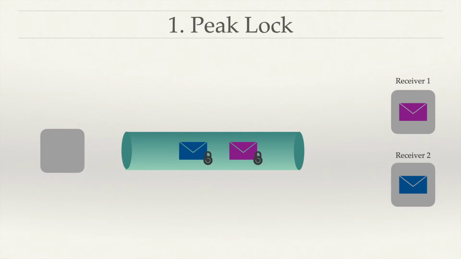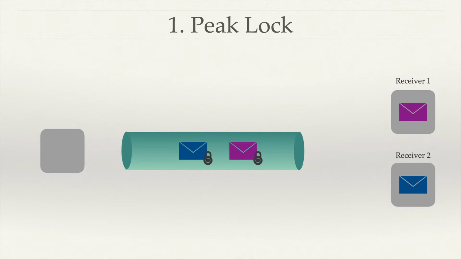Meanwhile, it is processing. So in case anything goes wrong, the receiver needs to drop or abandon the messages. Once the receiver abandons the message, it will release the lock, and then the message will be available to a subsequent receiver or to the same receiver next time.